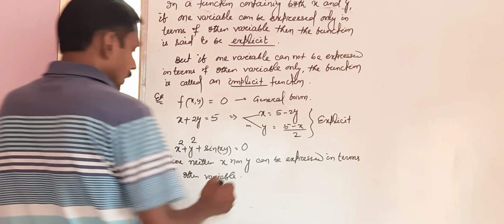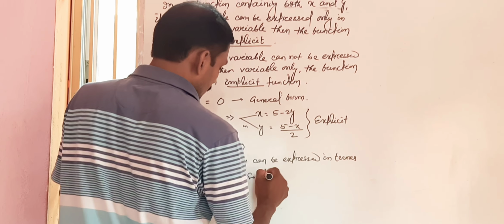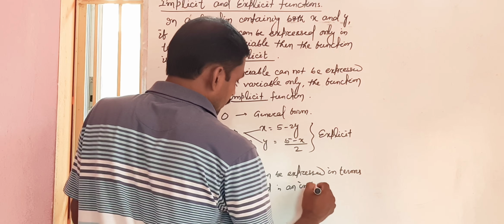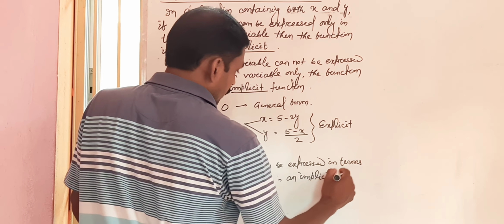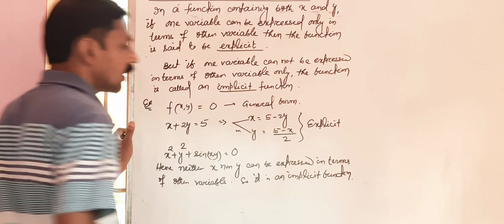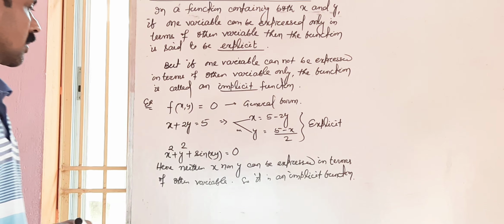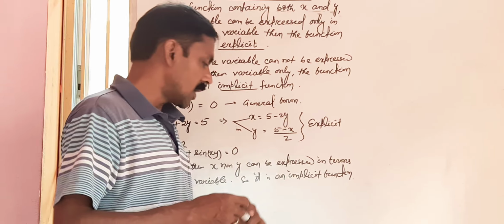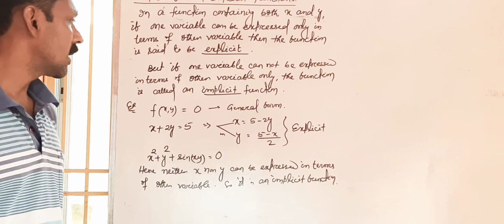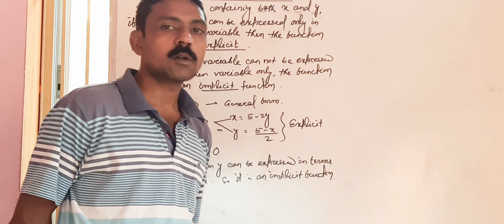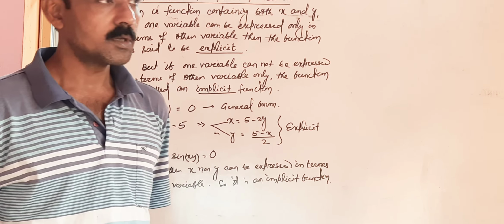So it is an implicit function. Now clear? Where you can express one variable in terms of the other, it is called explicit, and when one variable cannot be expressed in terms of the other, it is called implicit.